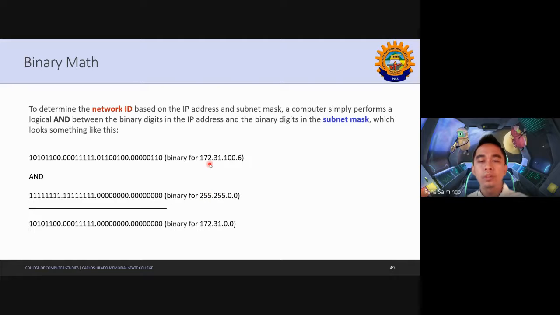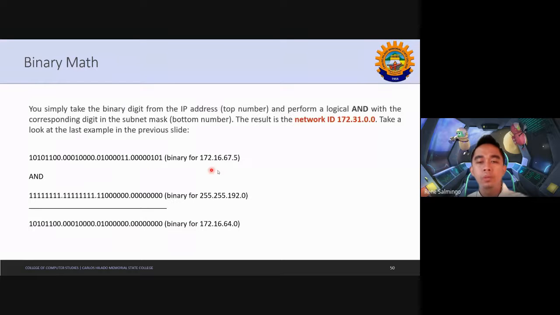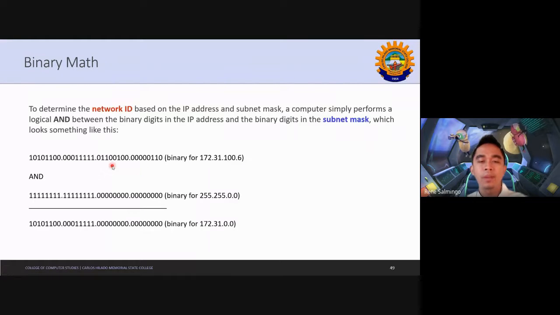This conversion is already shown for you to know that 172 is the conversion of this first octet. On the second, you have 31. And the third, you have 100. This is 100 in decimal, but in binary, this is the conversion of 100. And for number 6, you have only 4 plus 2, that is 6.